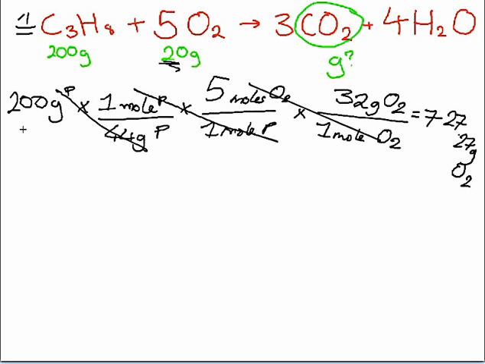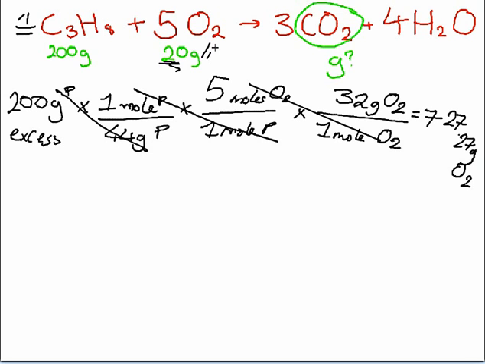If something is not completely used, it means it's the excess, right? There's going to be stuff left behind because we don't have 727 grams of oxygen gas for this to be completely used. So that means the propane is the excess reagent and the oxygen gas has to be the limiting reagent.